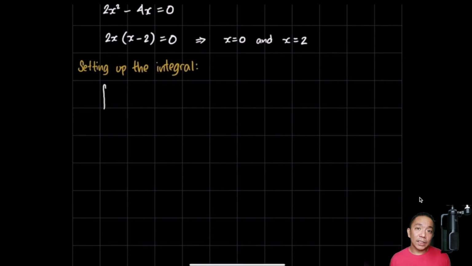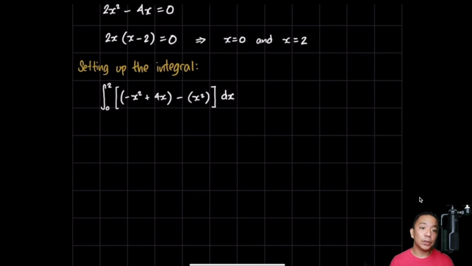So we could now set up the integral using what we learned from the previous video. We could write this now as the definite integral from 0 to 2 of f of x minus g of x. Pero sinubstitute na natin si f of x as negative x squared plus 4x at si g of x as x squared.